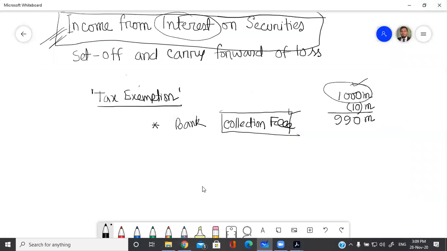Okay. Second one is, it may be such that for investing in interest bearing securities, you have taken a loan. You probably have heard about the margin loan, right? Have you heard about the margin loan from your finance course?